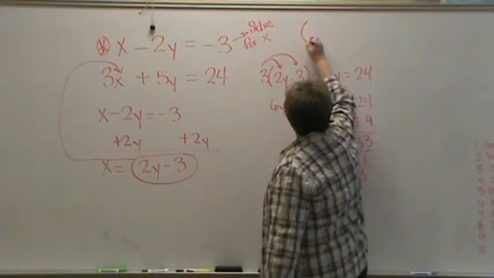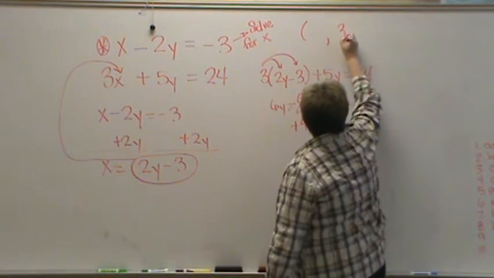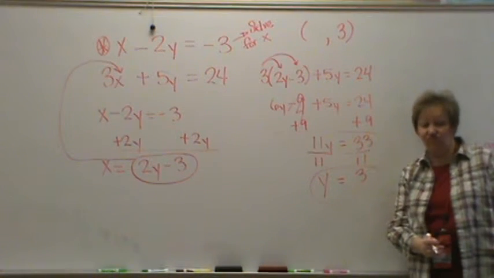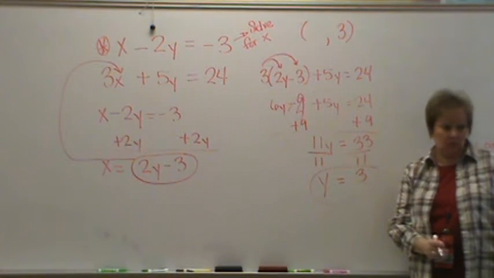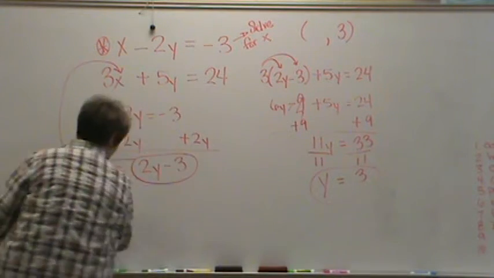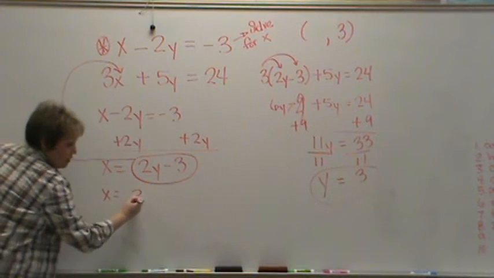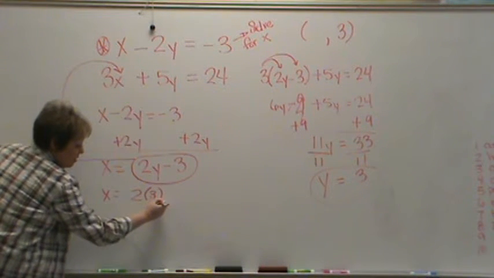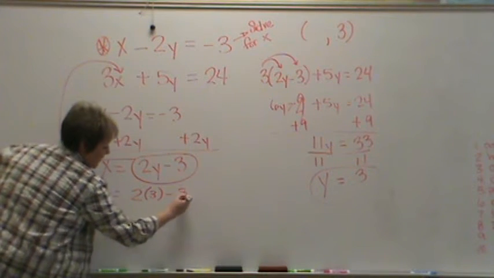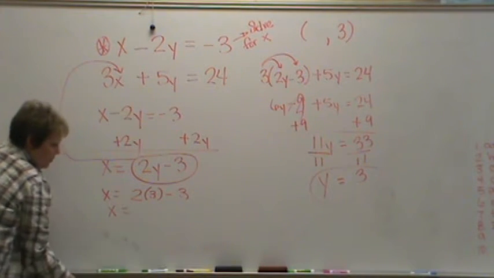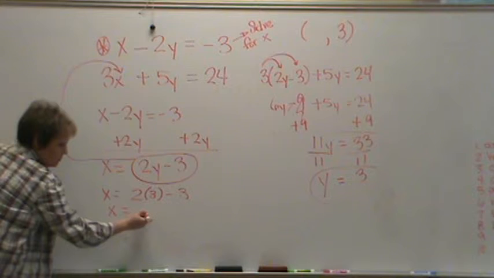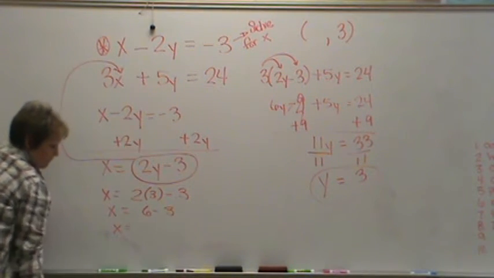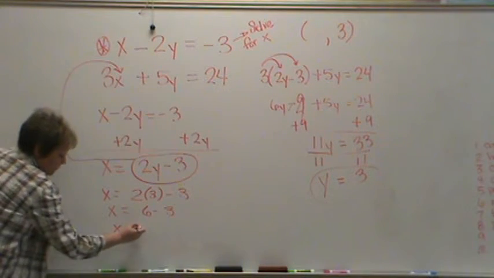Okay, now I know that y is 3. How am I going to figure out what x is? What am I doing? Substitute. x equals 2 times 3. Okay. x equals 3.